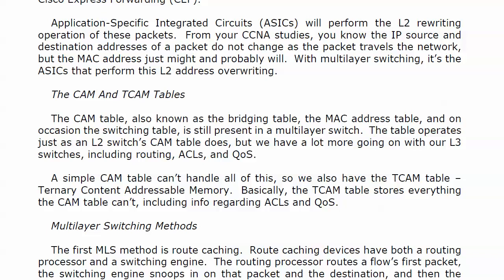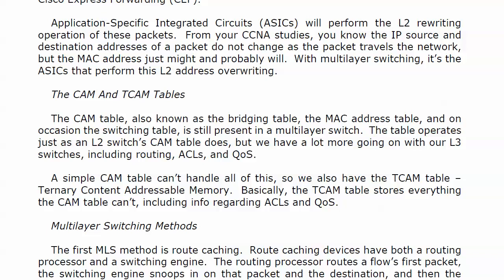Now, the CAM and TCAM tables. We know the CAM table. It's also known as the bridging table, also known as the MAC address table, alias the switching table. Well, we still have one in a multi-layer switch, and it looks just like a layer 2 switch's CAM table. But, of course, with a layer 3 switch, we have a lot more going on. We've got routing going on, we've got ACLs going on, we've got quality of service, all kinds of other stuff.